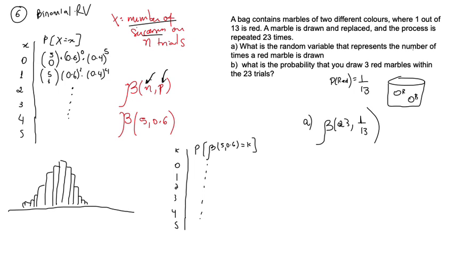Remember, the variable is the number of successes, and I want 3 red marbles. If I had the PDF exposed to me, I would just go to the line where I have 3 successes and retrieve the figure there. But I don't have it. They didn't give it to me because they want you to calculate.